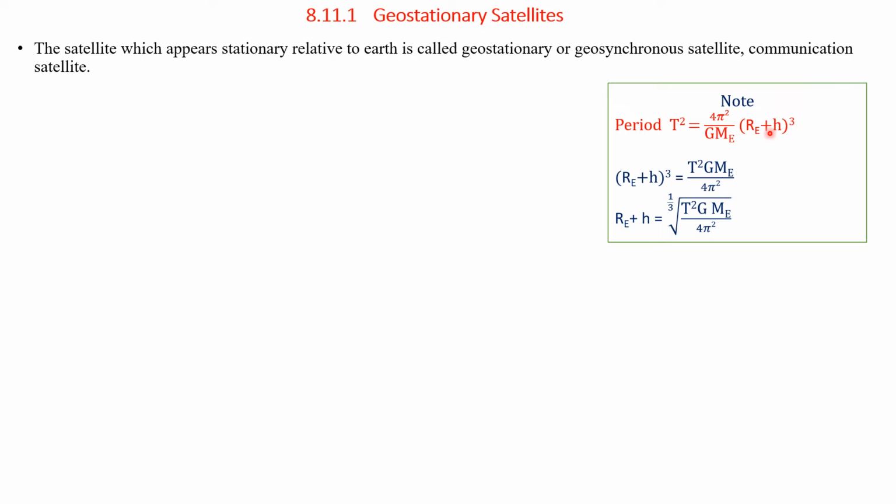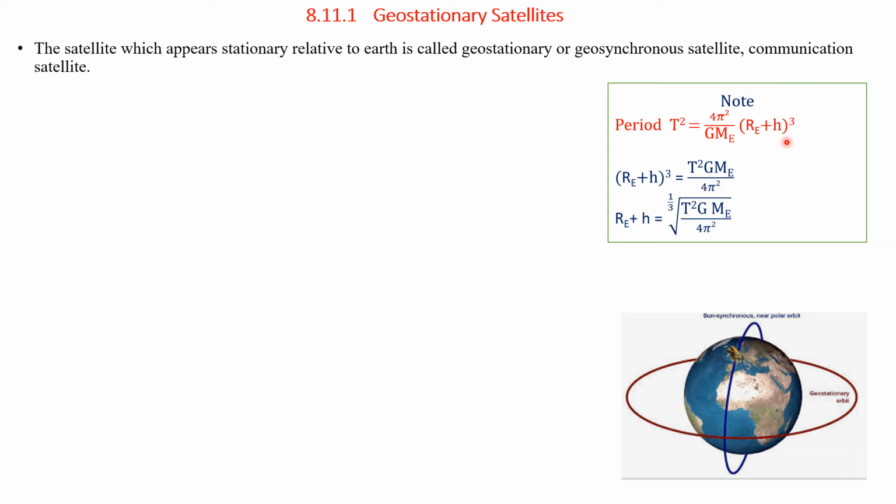So if in this equation T is equal to 24 hours, which we obtain by adjusting the value of Re plus h, and if the circular orbit is in the equatorial plane of the Earth, such a satellite having the same period as the period of rotation of Earth about its own axis would appear stationary as viewed from a point on the Earth.